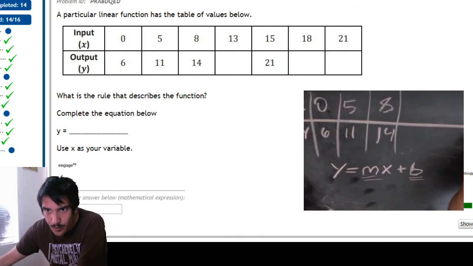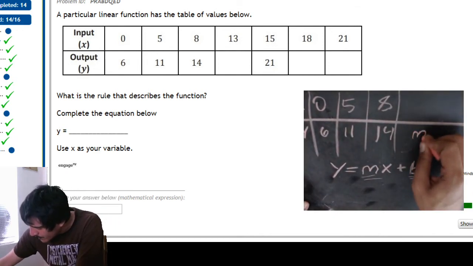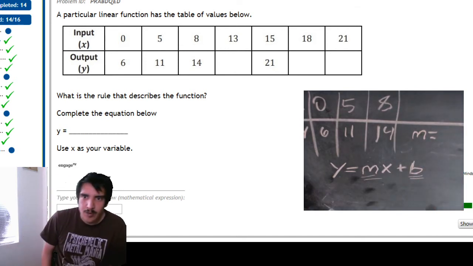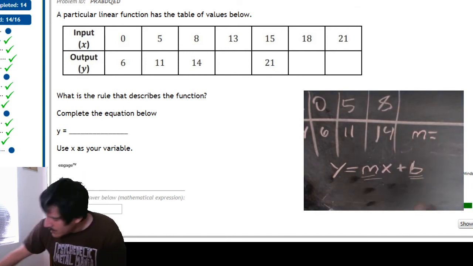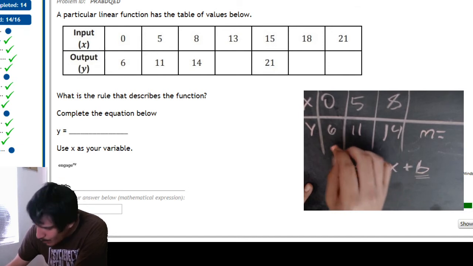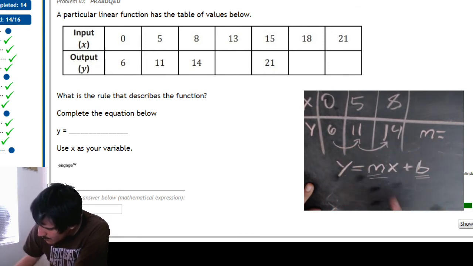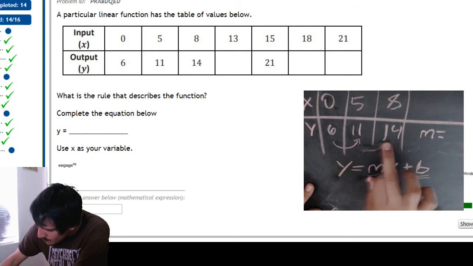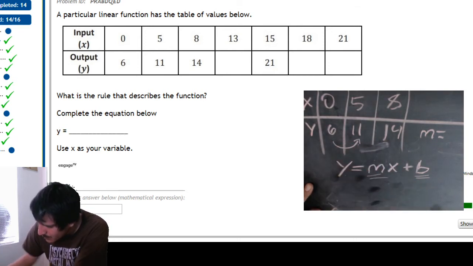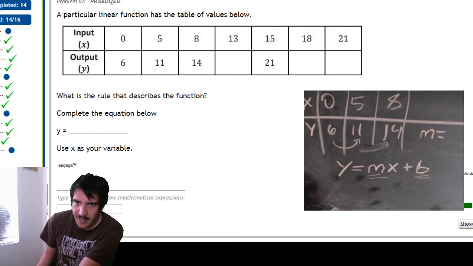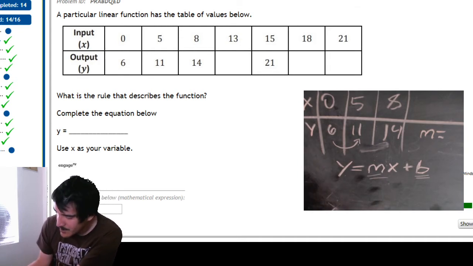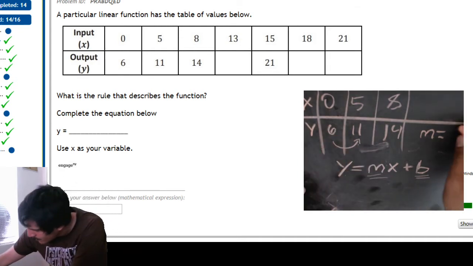Hopefully I have enough room here. So the slope is calculated like this. Rise over run. So I want you to tell me, how much are the y's rising by? In fact, don't use multiple squares. Just go from 6 to 11, how much did that rise by? If you're at home watching this video, you're thinking from 6 to 11, that's a rise of 5.